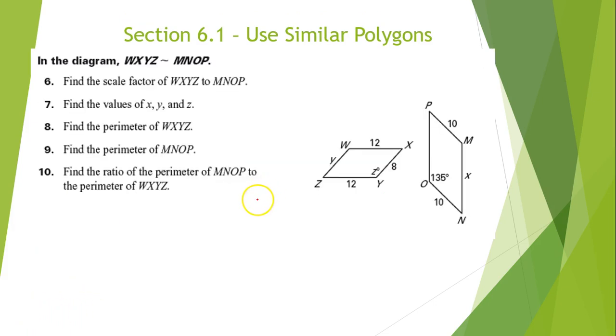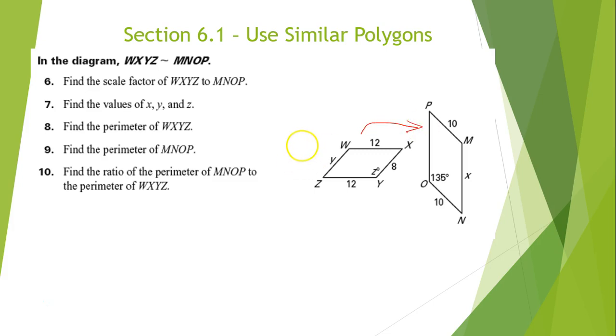Okay, on this problem here, all of these 6 through 10 deal with this figure over here, these two figures. And it says from the beginning, find the scale factor of WXYZ to MNOP. So what it means is, find how big, see this figure is smaller than this one, how big this one got to go to this one.